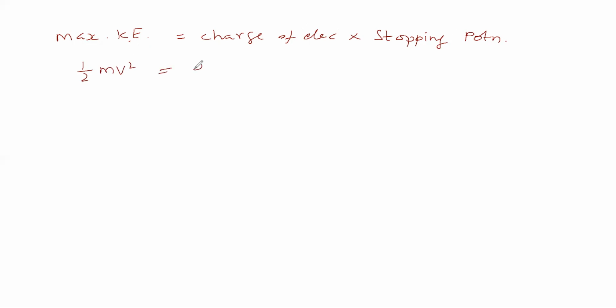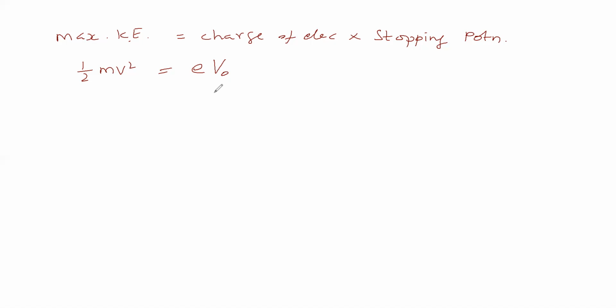Charge of electron, symbol we will take E. Stopping potential is just like potential difference only, there is no variation or EMF. This potential is required to stop the photoelectric effect, so it is called stopping potential. This symbolic representation we will take as V0. The 0 indicates the photoelectric effect is stopped, that means the photoelectric effect is not there.